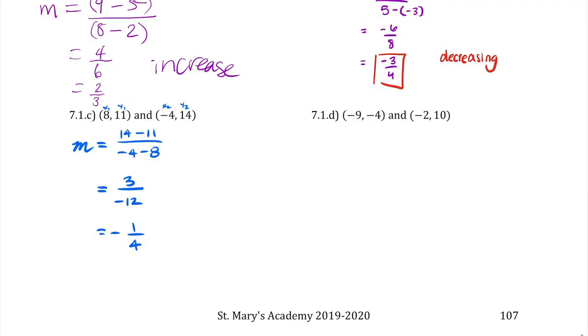So that slope's negative. Methinks this is a decrease.